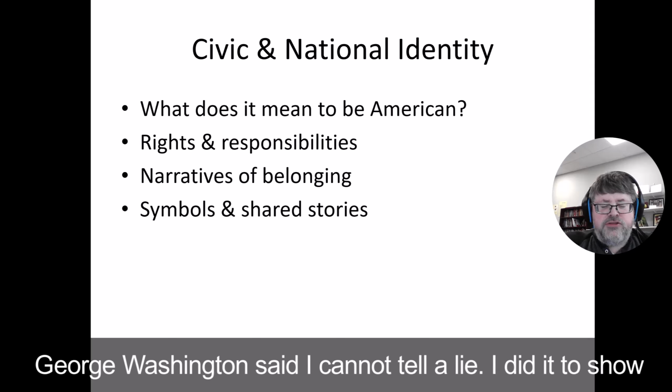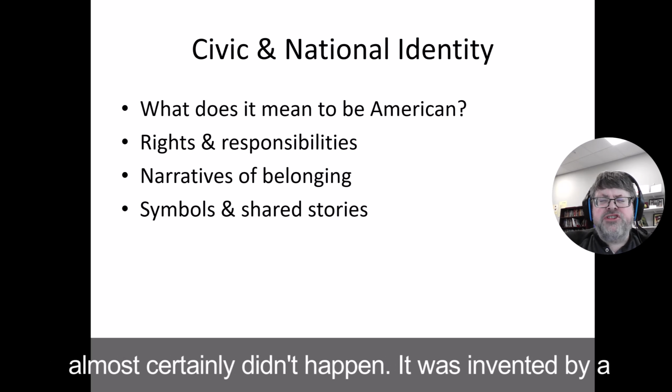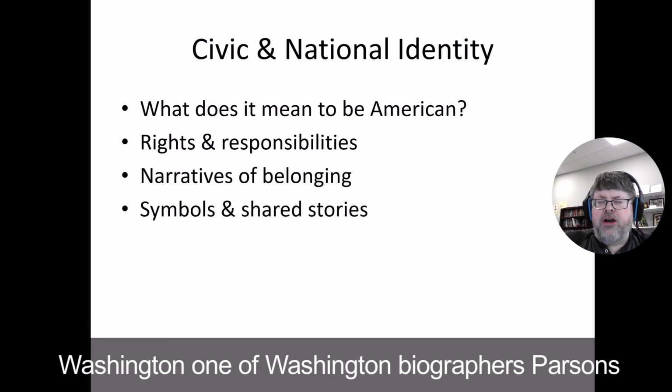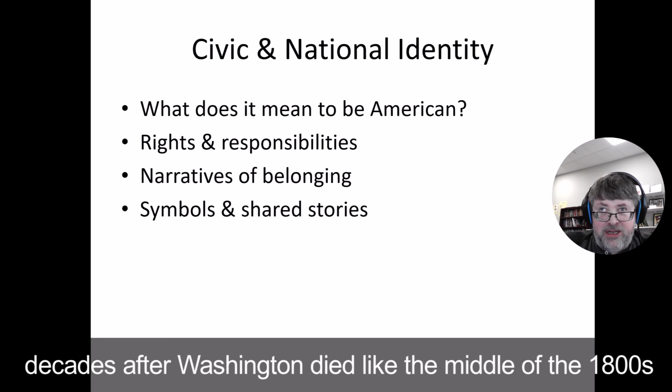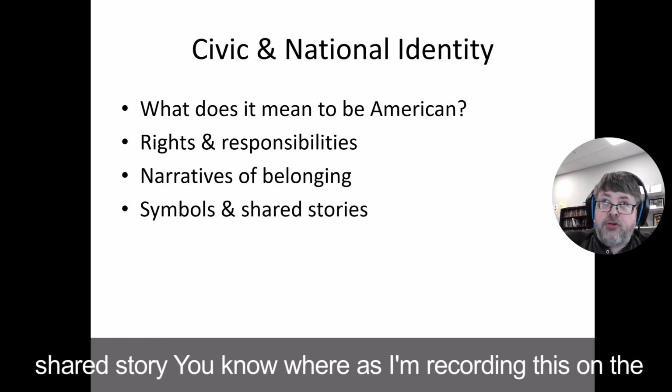I did it," to show how honest George Washington was. That almost certainly didn't happen. It was invented by one of Washington's biographers, Parson Weems. Decades after Washington died, in the middle of the 1800s, is when we have the first occurrence of this story. It is a myth. It is a shared story.